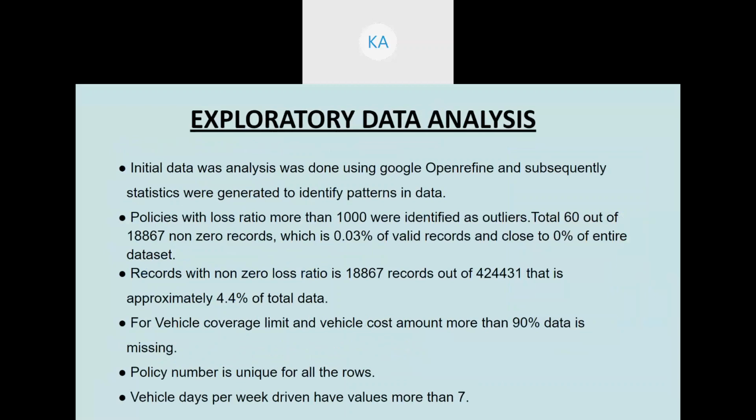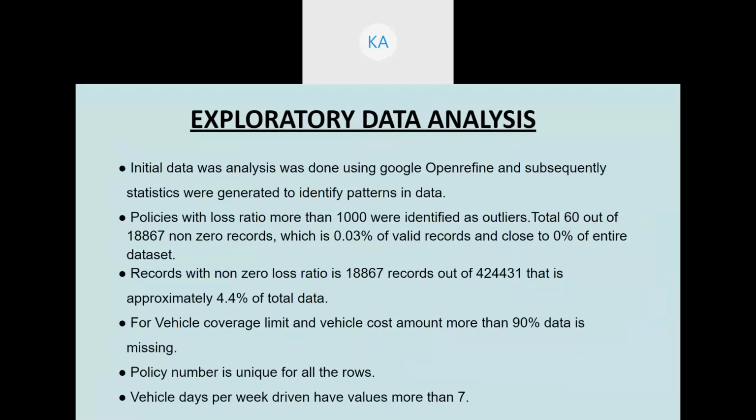Exploratory data analysis is an essential part of the data mining process. We as a team took this as an opportunity to explore and truly understand our data, as this stage would greatly affect our final predictions. With that being said, we used Google Open Refine for initial data analysis. We searched for interesting patterns in the data through descriptive statistics.